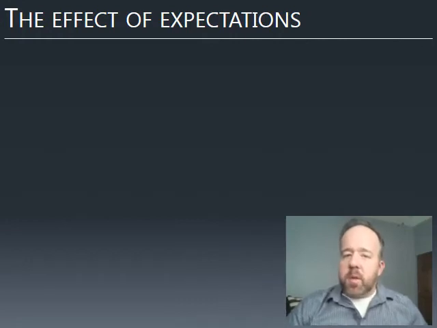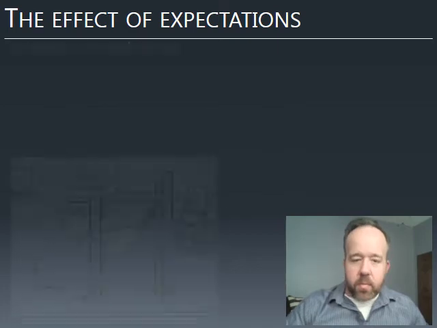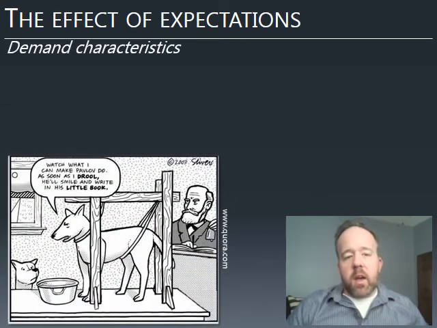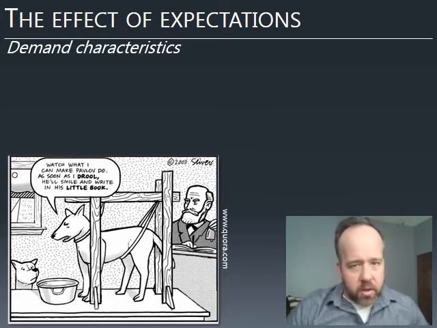So we're going to spend some time here talking about a phenomenon that is really particular to psychology, and that is the effect of expectations. The most prominent form of this is what are known as demand characteristics.